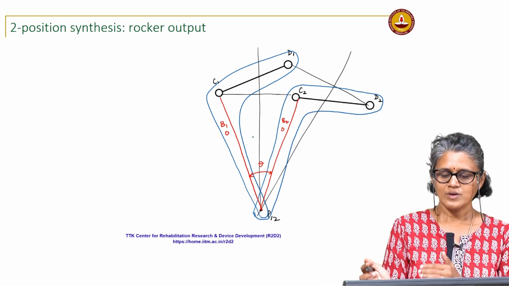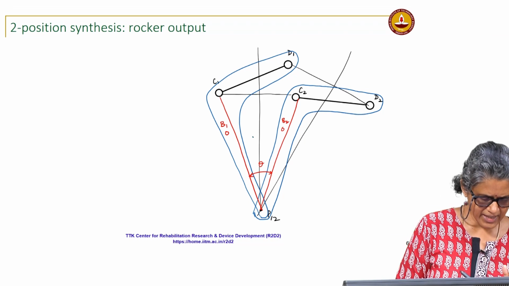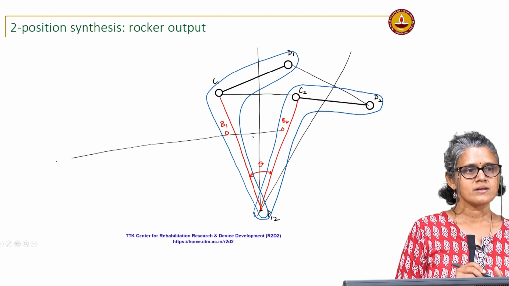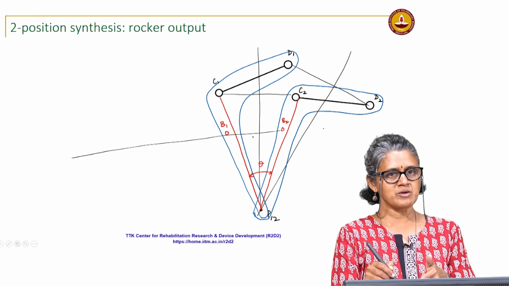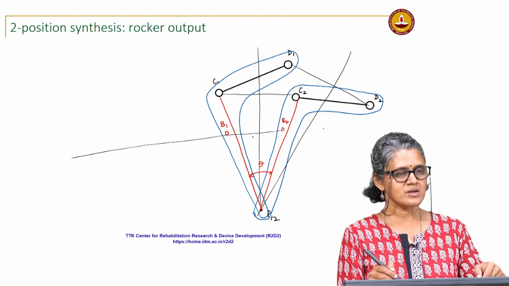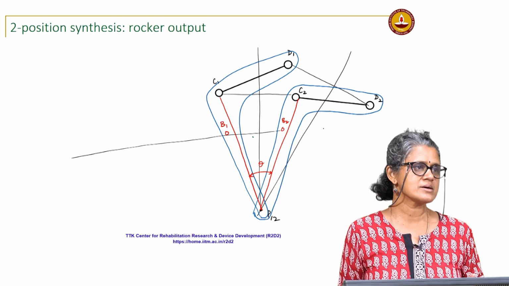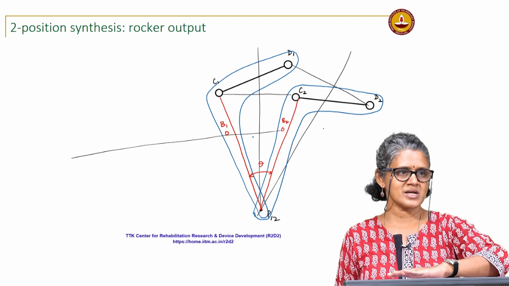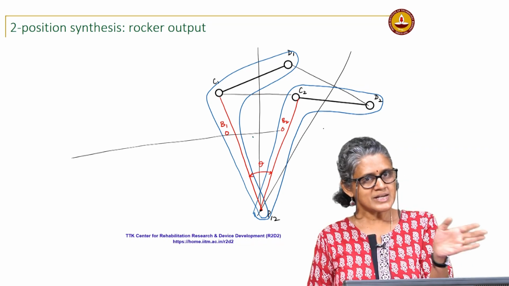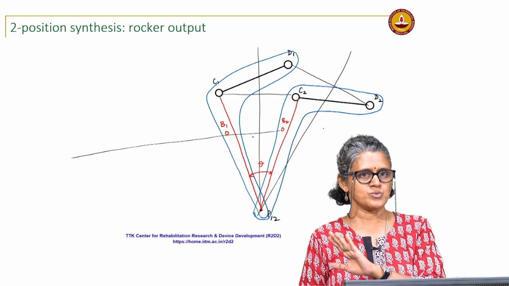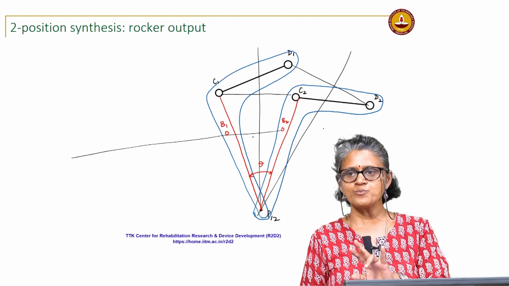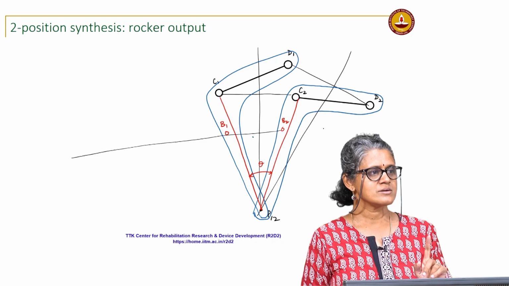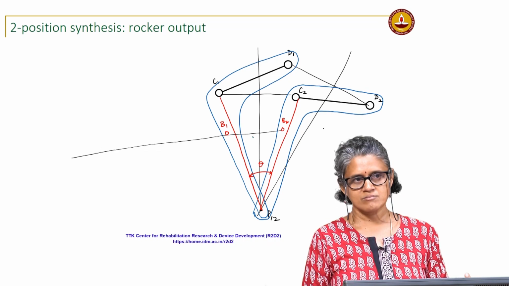Then I can do my construction similar to what I did earlier: find half of B1 B2, use that as my crank length and complete my crank rocker synthesis. So, I converted the motion generation problem into the rocker output dead center problem, because I had only two positions and I wanted to limit it to those two positions, and I can now run it with a continuous rotation motor.